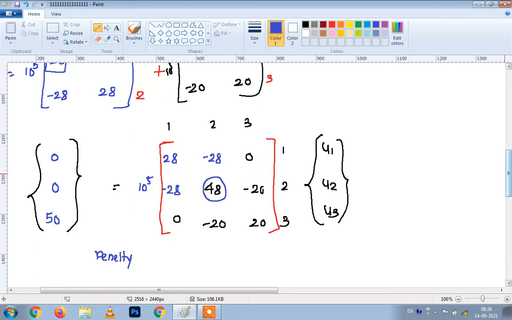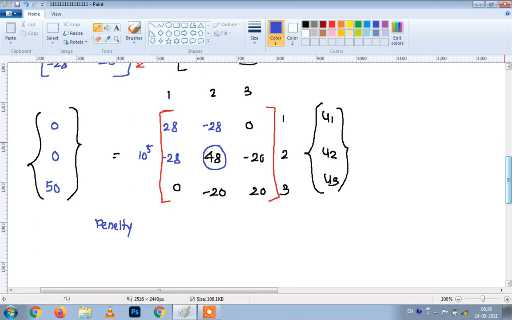Now where we have to add it is a very important thing: we have to add this value at the particular row which is fixed. In this numerical the first node point was fixed, so we will add this value diagonally to the first element.